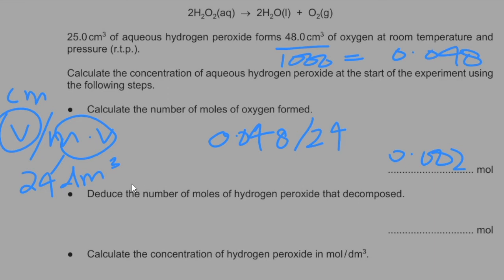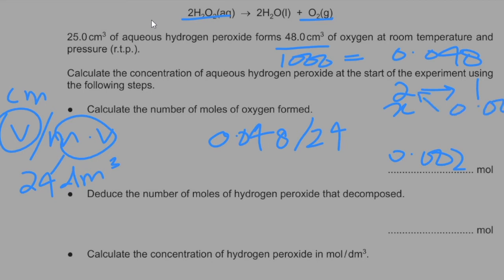Deduction requires the use of the ratio set in the equation. As you can see over here, 2 moles of hydrogen peroxide give 1 mole of oxygen. So here we can use cross multiplication. 2 moles of hydrogen peroxide give 1 mole of oxygen. So how many moles of hydrogen peroxide do you get from 0.002 moles?